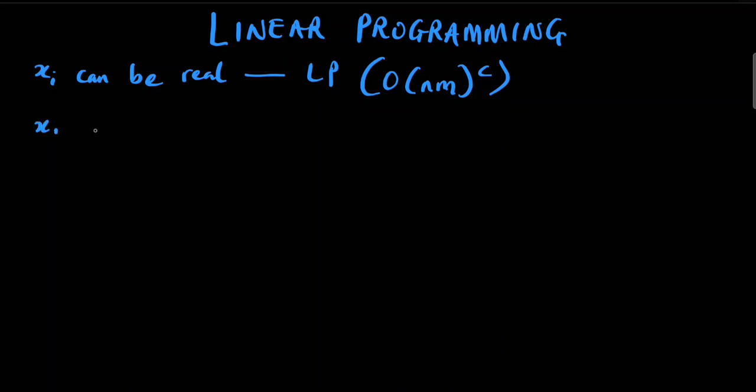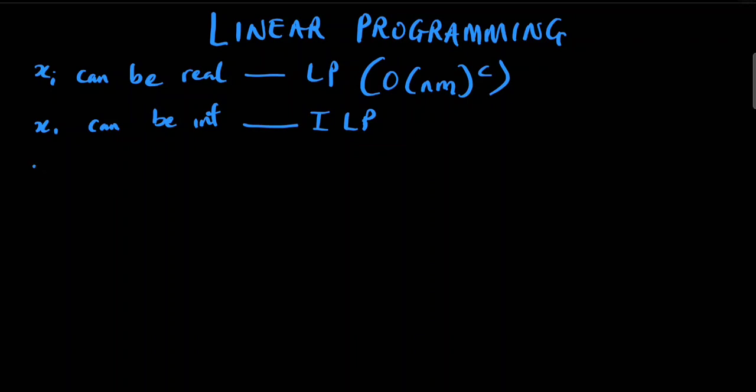Also, when xi is an integer, we have an integer LP, and an integer LP is always a very hard problem to solve, because all of our answers are going to be integers. And how do we have the guarantee that our correct answers are integers? So this is what makes an integer LP a really hard problem to solve.